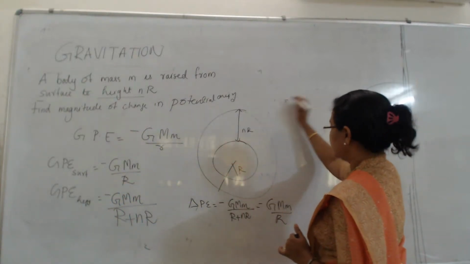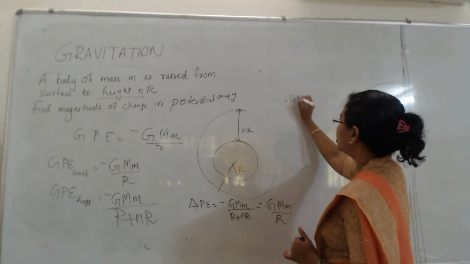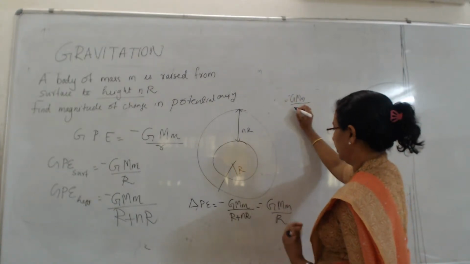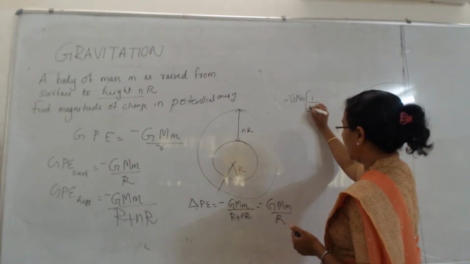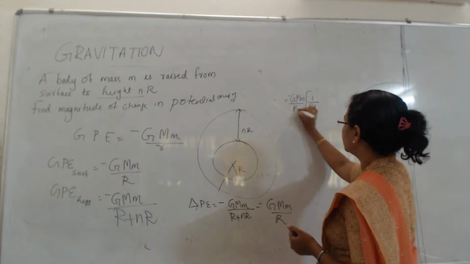If you take minus GMm by R common, it is 1 by R plus nR, or take R also common.